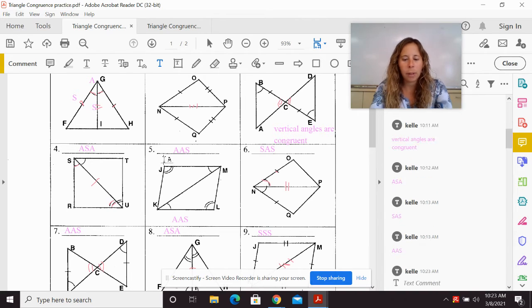So our new one's going to start with L. So it goes J to K. What's congruent to JK? LM. And then it has to go to K. LMK.